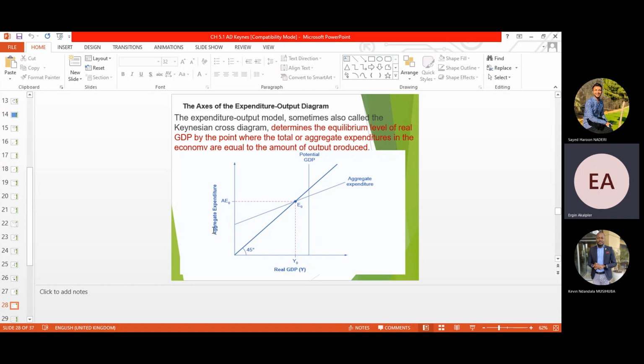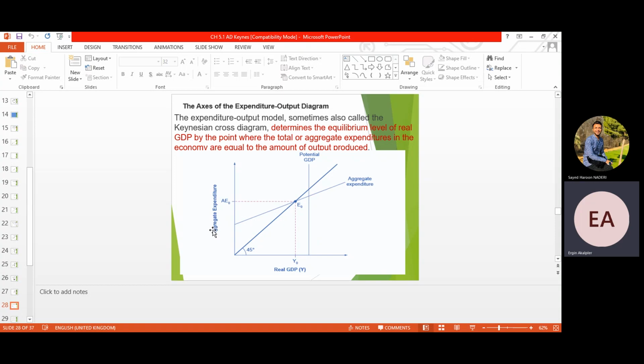Therefore, this determines the equilibrium level of the real GDP. When you look at this graph, the total or aggregate expenditure in the economy is expected to equal the output, but the potential GDP which is expected is a little bit higher.